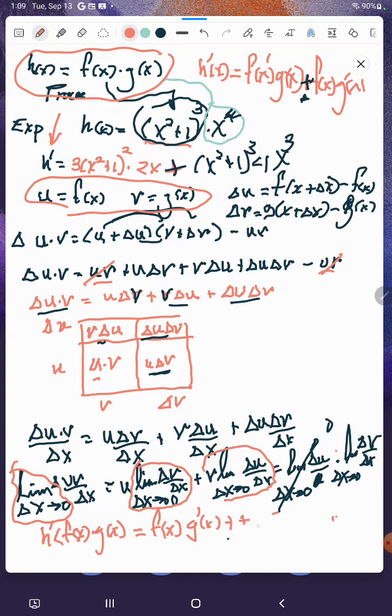We know that v is equal to g of x, and u would be f prime of x. And then there's v, which is g of x. And that's what I tried to prove. I hope that helps. Okay, thanks.